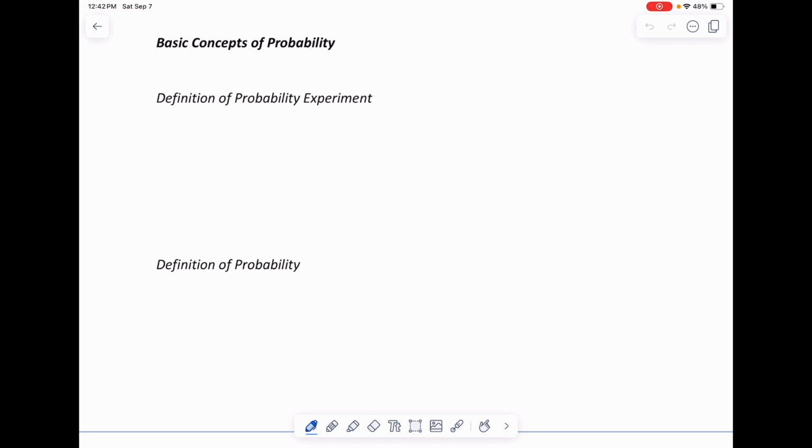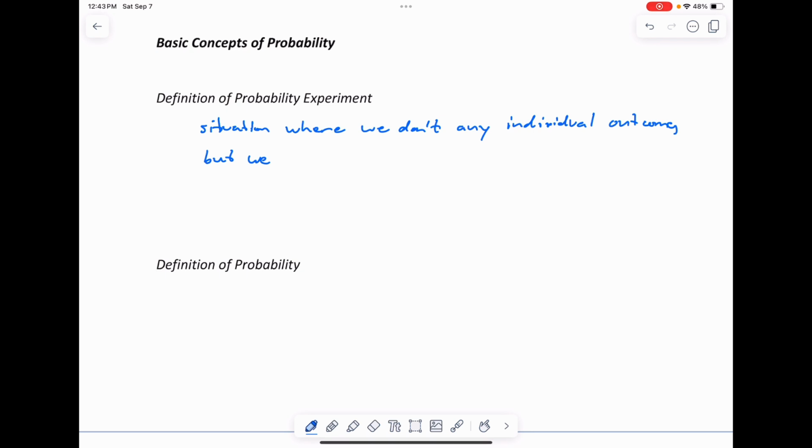A probability experiment is just a situation where we don't know any individual outcome, but we know the outcome over many repetitions.